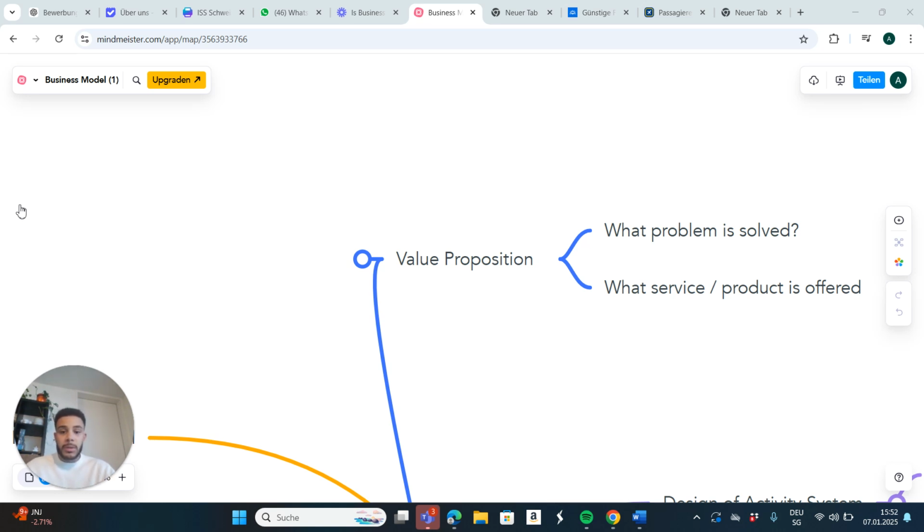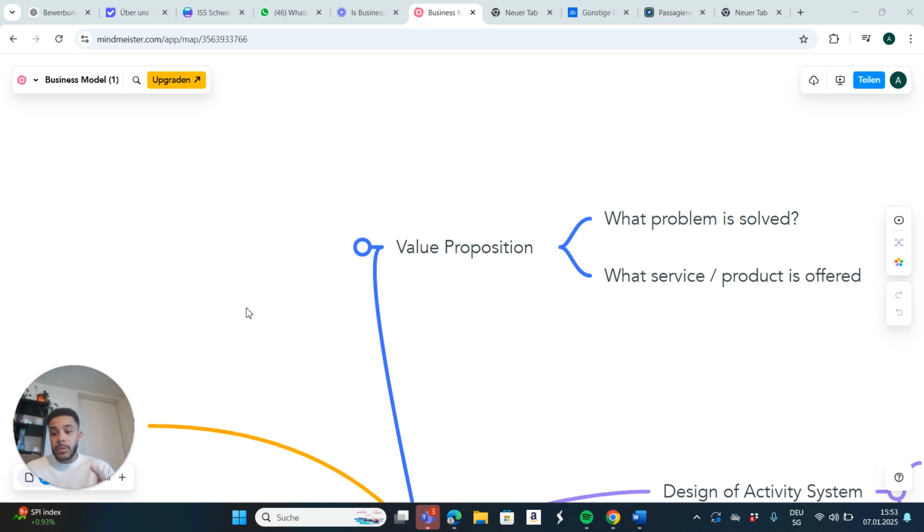Even with technical products or software, these questions can become more nuanced than explained right here, but it's one of the most important steps of your business. If you don't have a clear value proposition, you will most likely have problems in your business.